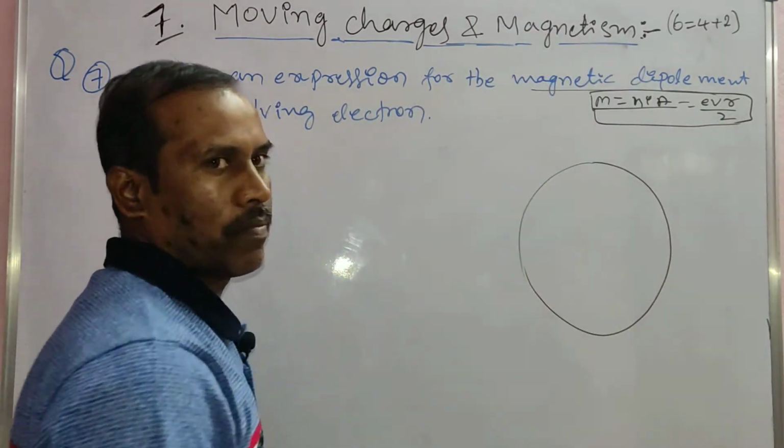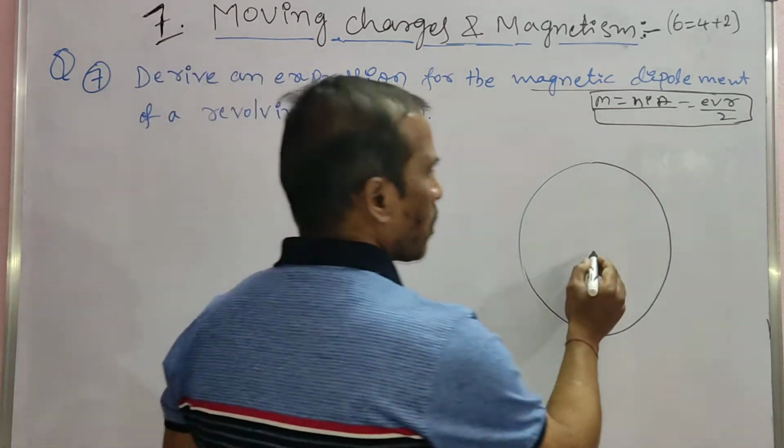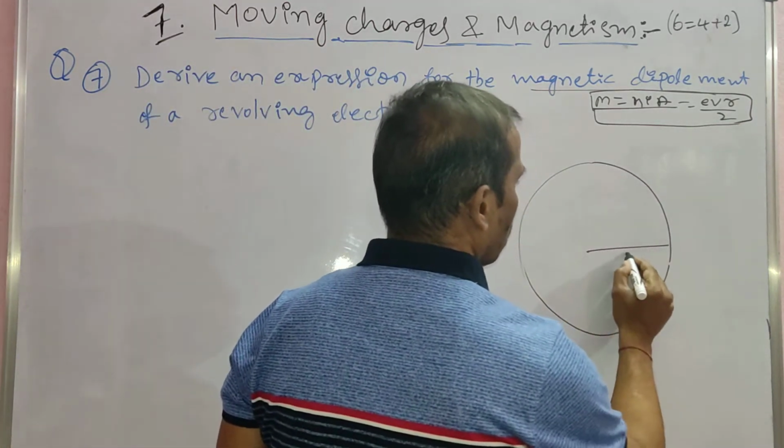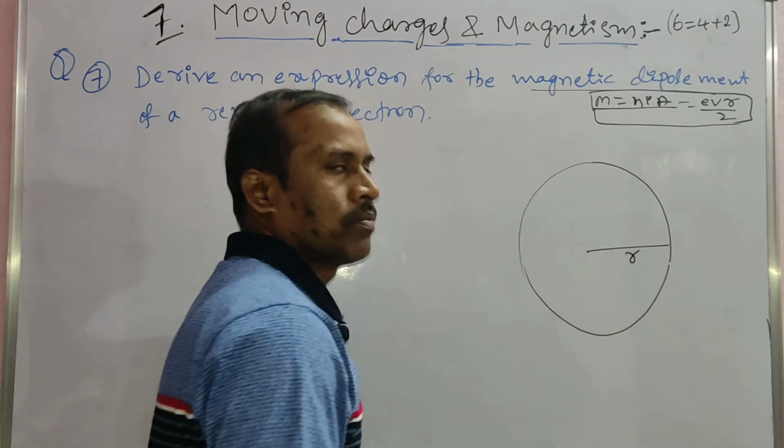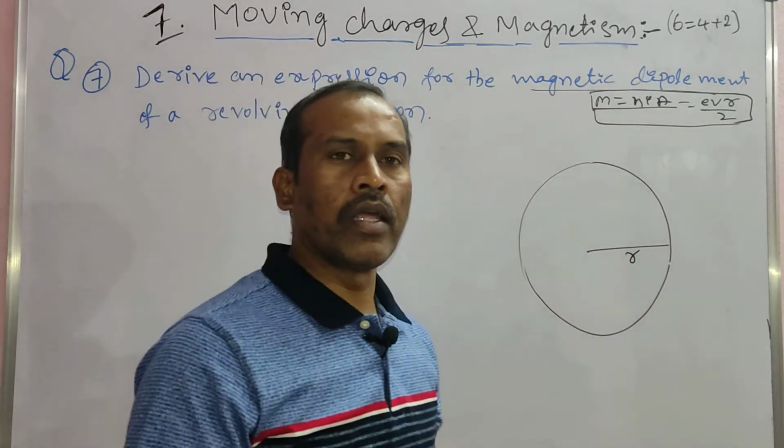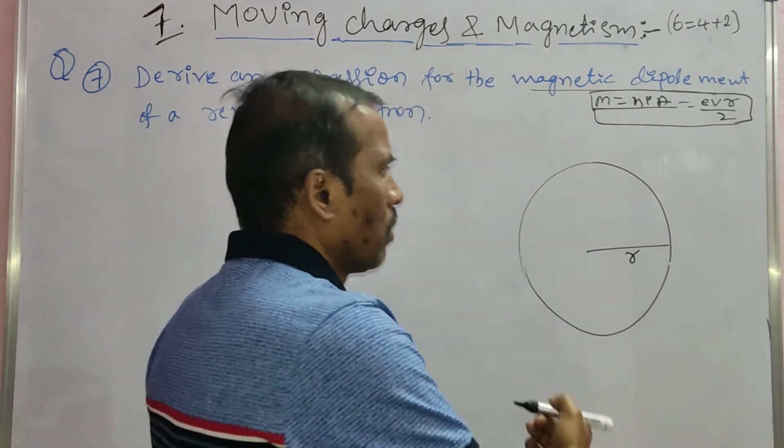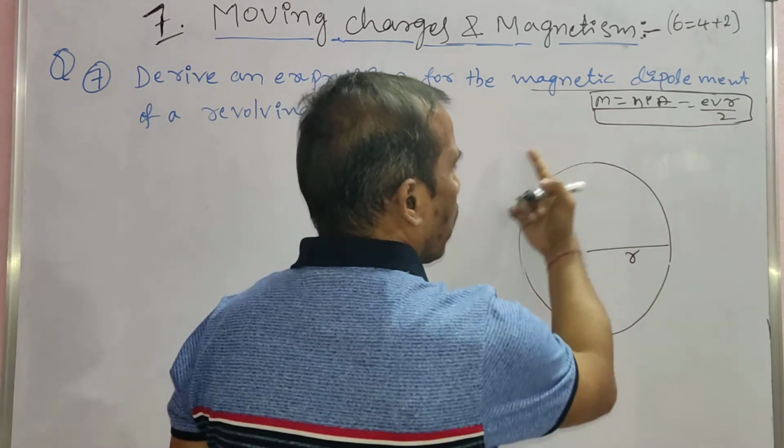This is a circle, the radius of the circle for example r. The electron is revolving in a circular orbit of radius r.